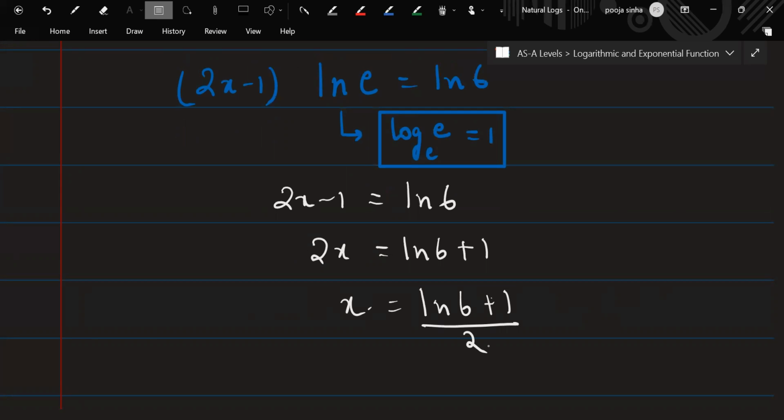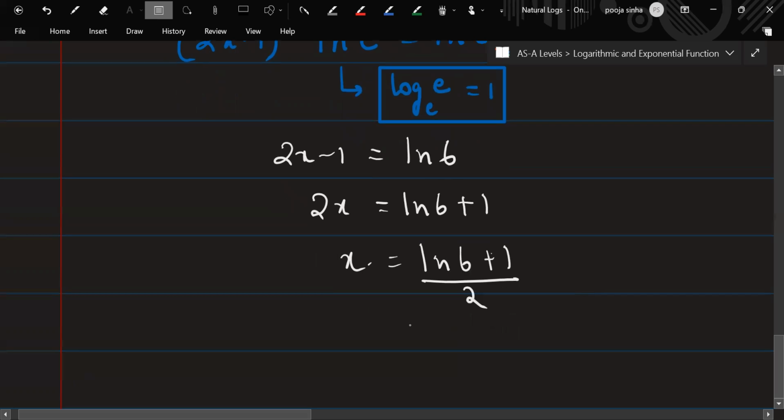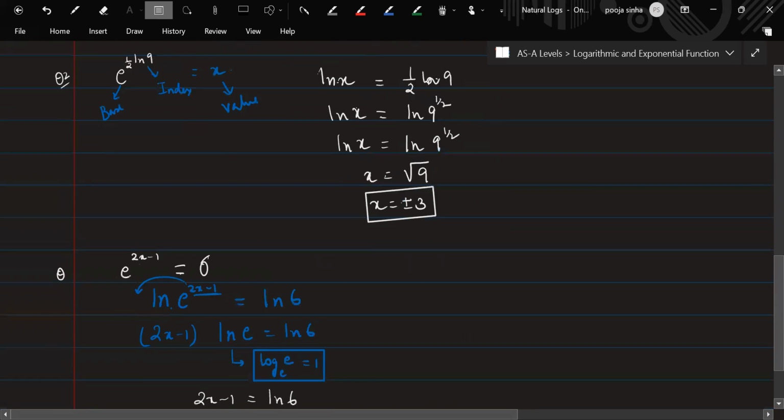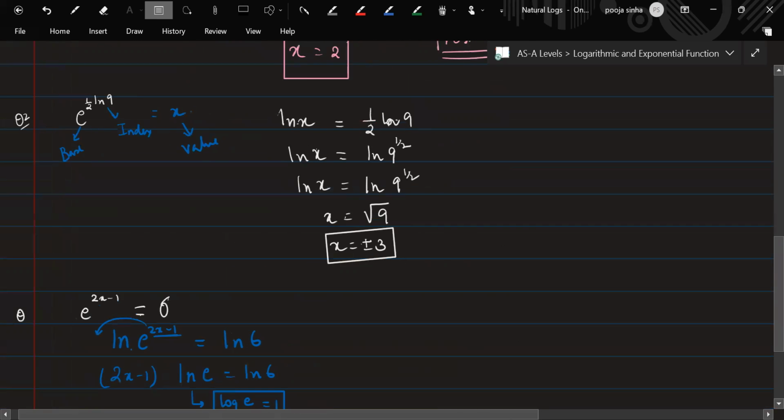It's just log 6, log to the base e, divided by 2. कितना है आंसर? 1.40. Absolutely correct. So x is approximately 1.40. ठीक है, understood now, Niti?